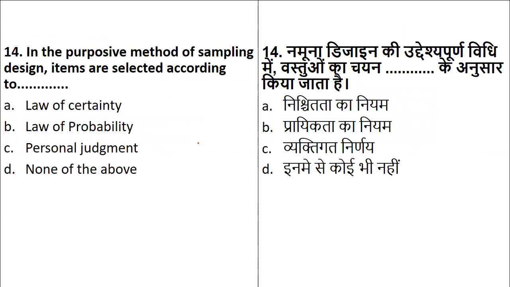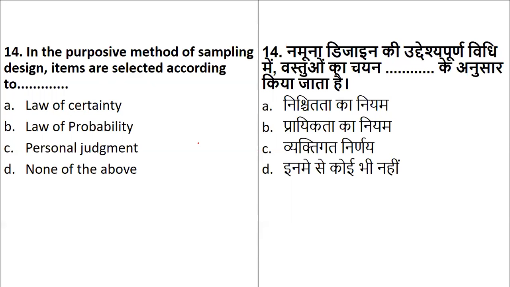Now, in the purposive method of sampling, you have studied this sampling very well. Last week we did the division on probability and non-probability sampling. In the purposive method, items are selected according to what?